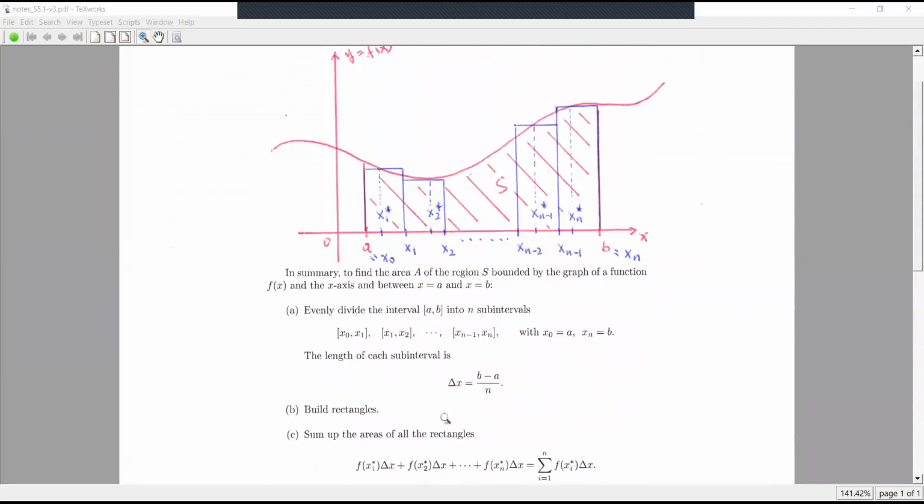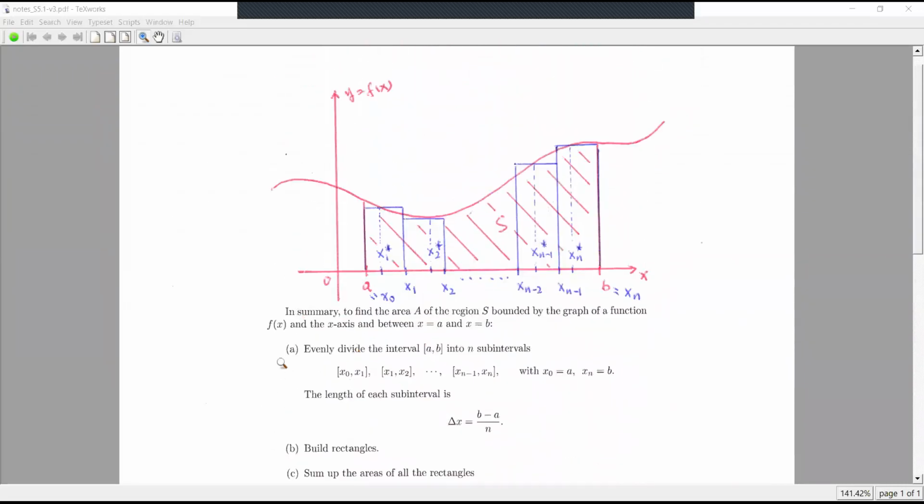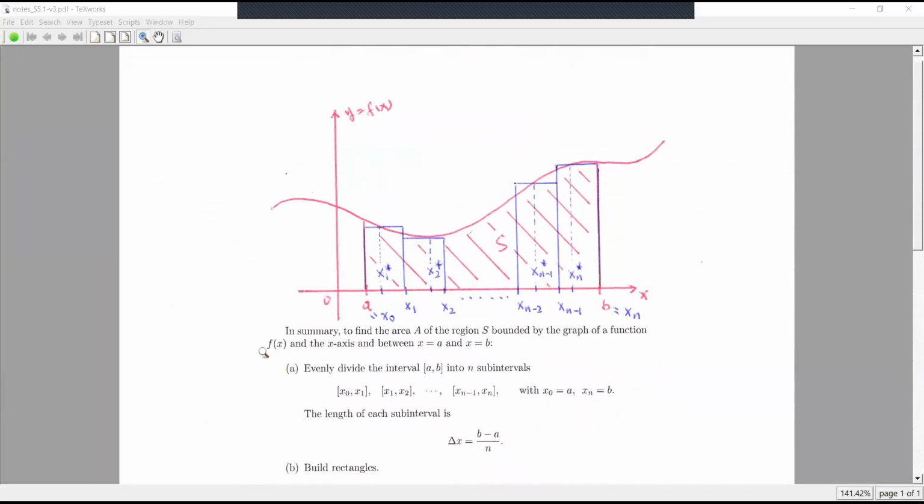So this is a summary: 4 steps to find the area of the region that lies between a general curve and the x-axis and between a and b.